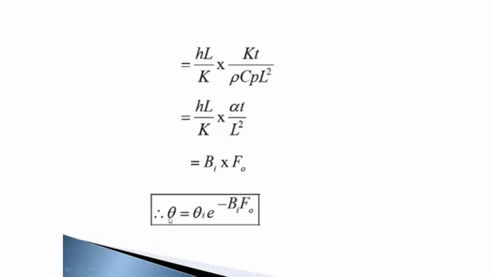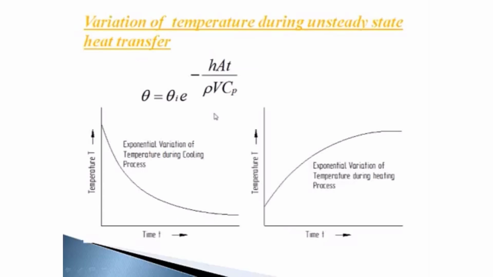So the temperature difference equation can also be written in this form: theta is equal to theta I into e raised to minus Biot number into Fourier number. Instead of HAT by rho VCP, you can also write as a product of Biot number into Fourier number. Now, all of you know that temperature difference is varying exponentially because the equation indicates that exponential variation.